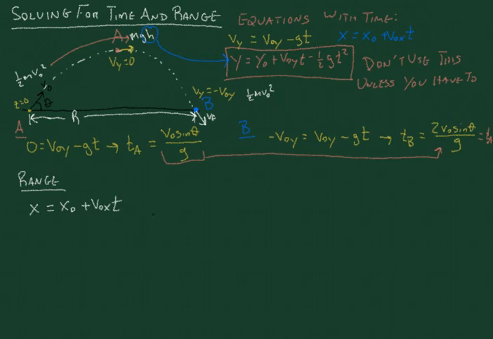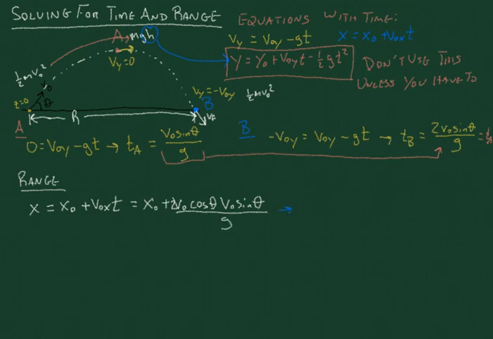And again, there's no acceleration in the x direction. Conservation of momentum tells us that the velocity of the x component is going to be constant. So this is x0 plus v0 cosine theta times t, which is 2 v0 sine theta over g.